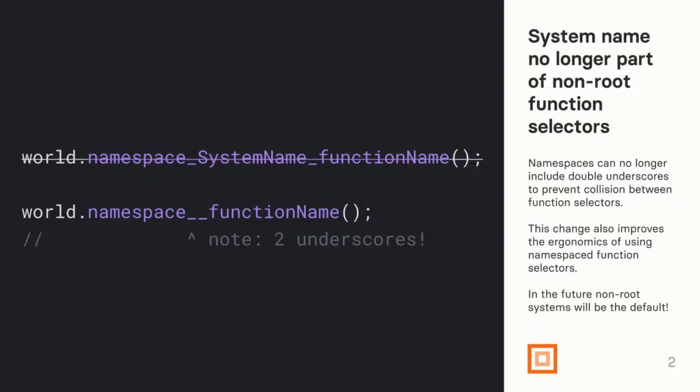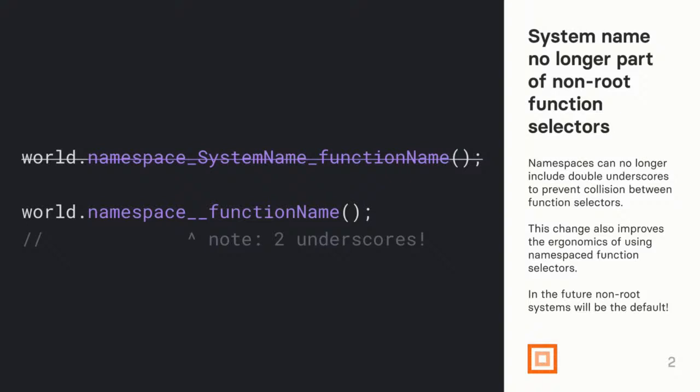And to avoid collisions of function selectors between those systems, the function selectors on the world are prefixed with the namespace. Previously, the prefix also included the system name, but to improve the ergonomics of using this, we removed the system name. And to prevent collisions, we made the separator 2 underscores, and namespaces can't include 2 subsequent underscores anymore.